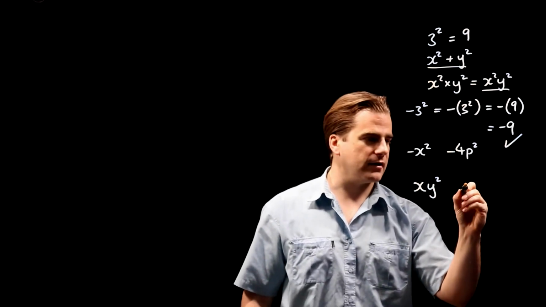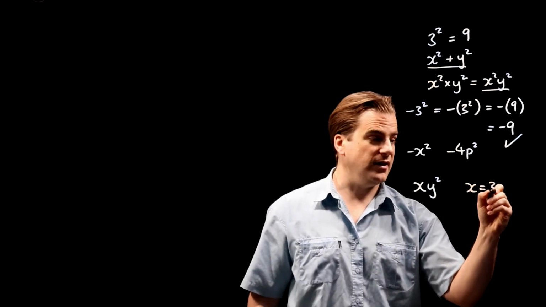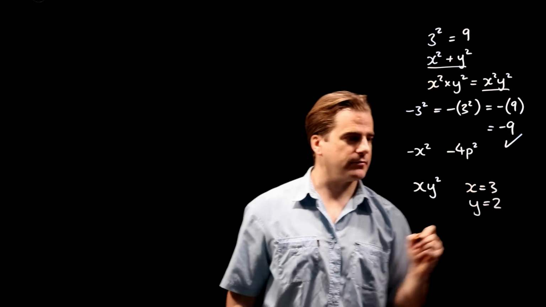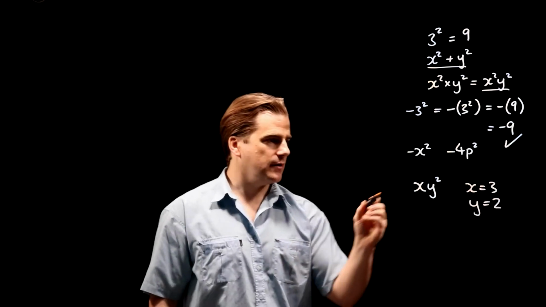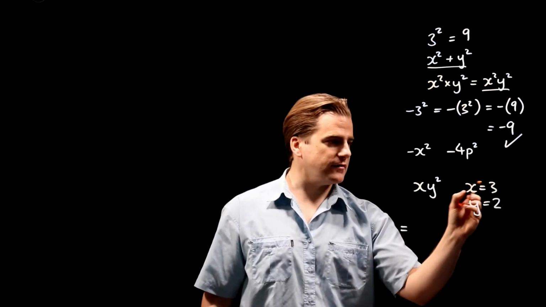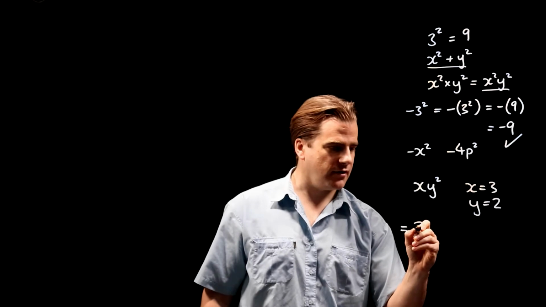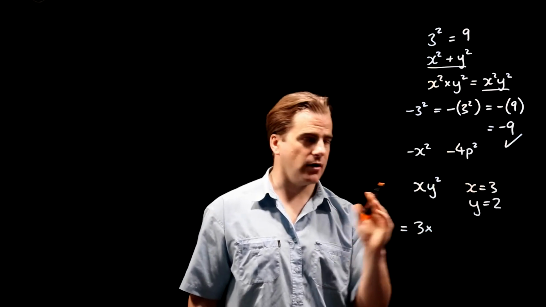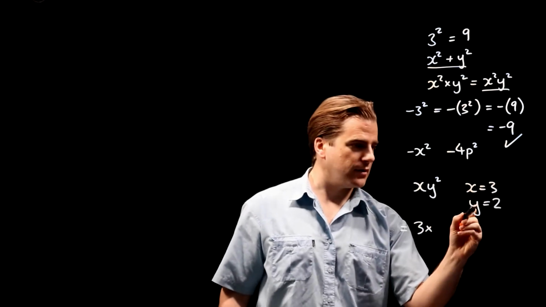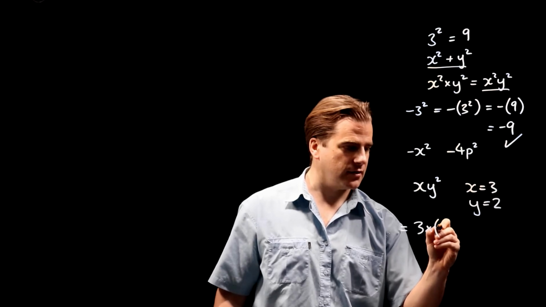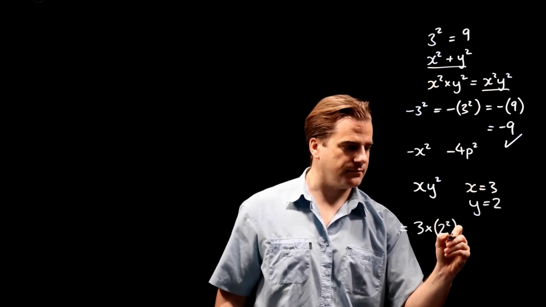So let's put in some numbers to illustrate this. Let's say x is 3 and y is 2. Okay? Then this becomes x is 3, so it's 3 times y squared. Only the y is squared. Y is 2, so it's 3 times 2 squared.